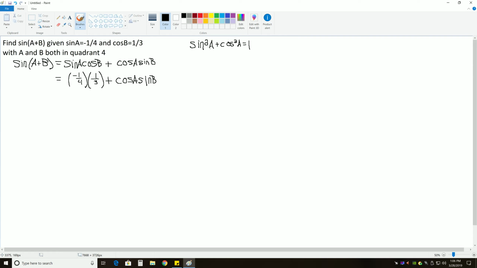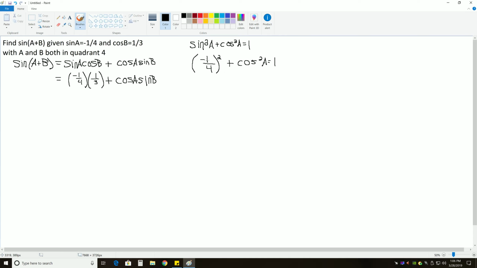So no matter what angle A we pick, if we square sine of that angle plus squaring cosine of that angle, we will get a value of 1, which means if we plug in this negative 1/4 for sine of A, we'll get negative 1/4 quantity squared plus cosine squared A is equal to 1.